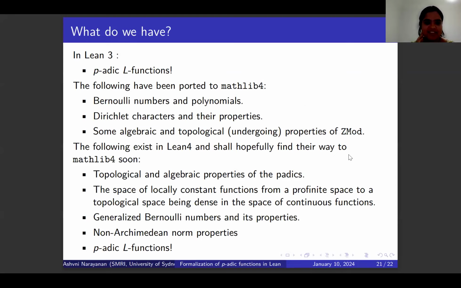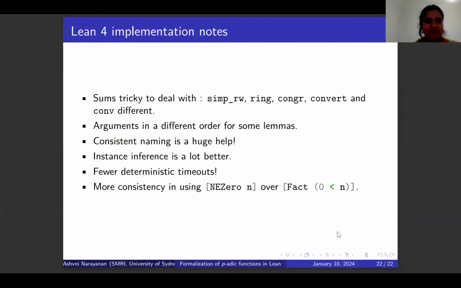I try my best, but hopefully I should be able to port the rest of the properties of the p-adics and the generalized Bernoulli numbers and everything else, which may actually be very relevant to other ongoing projects. Yes, so if anyone would like to help me, I would be very grateful for any help I could get.